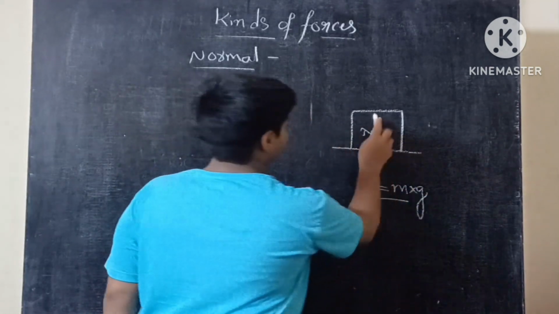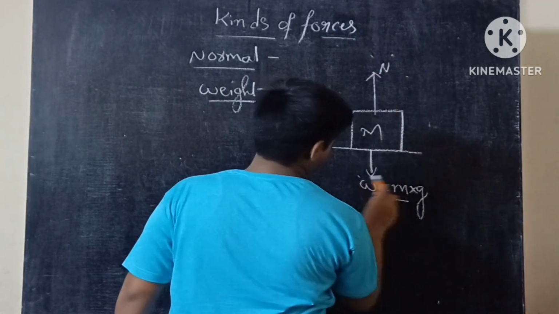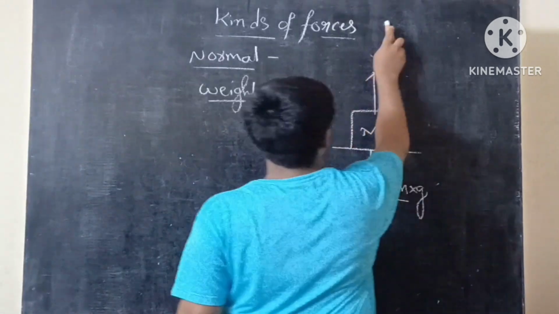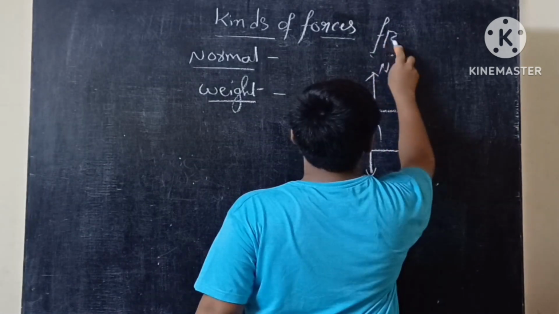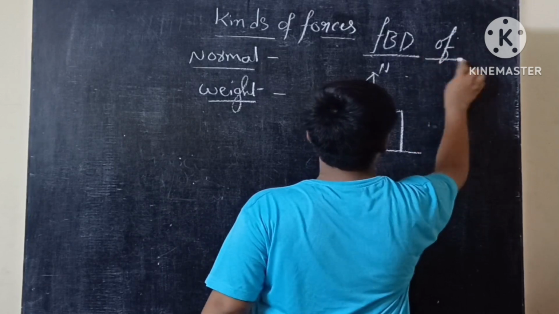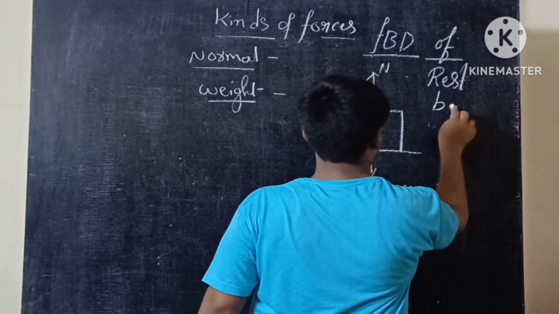Towards upward, normal is present. So this is the FBD of a body at rest.